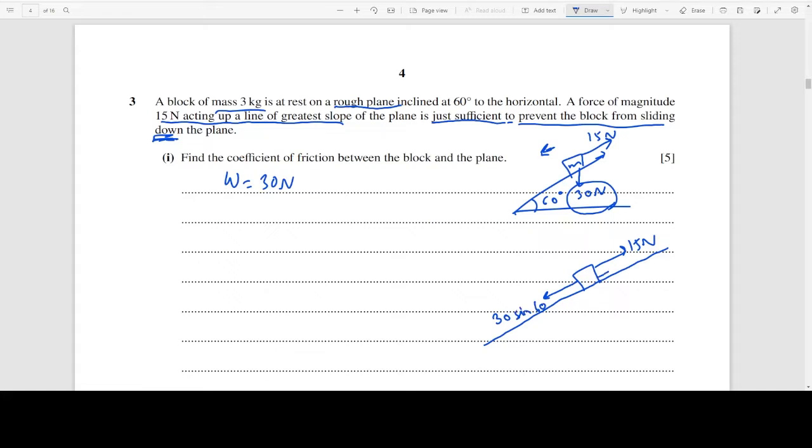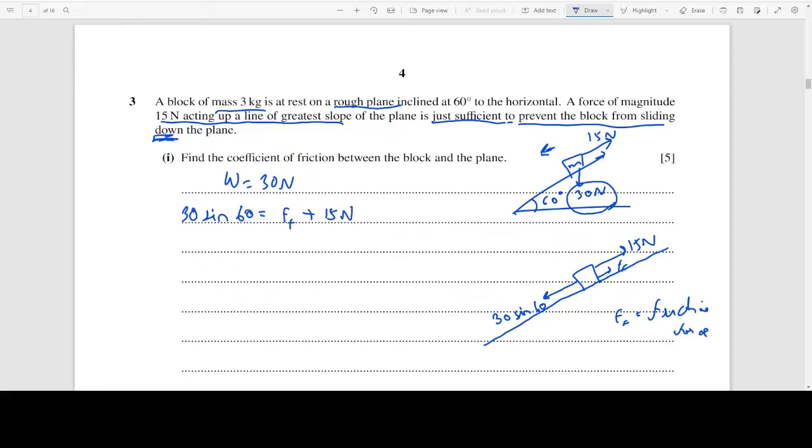So Ff is just the frictional force. It just prevents the block from sliding, so forces are actually balanced. So 30 sine 60 is equal to Ff plus 15 Newton.